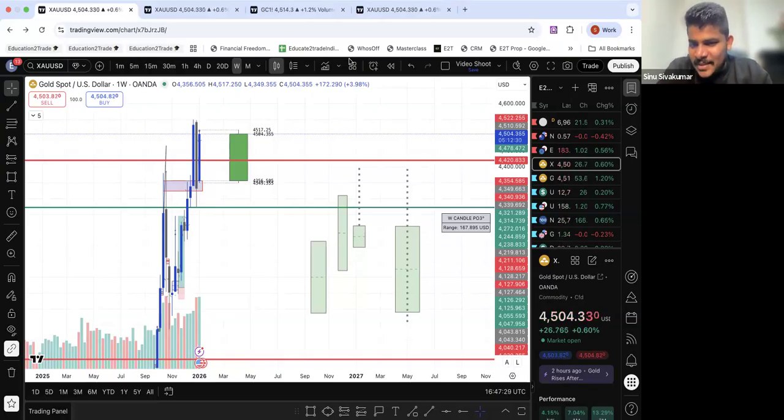Why are you saying the sellers are in control here? In the previous example, sellers were in control, but in this example this is the buy side, right? Price is pushing upside.